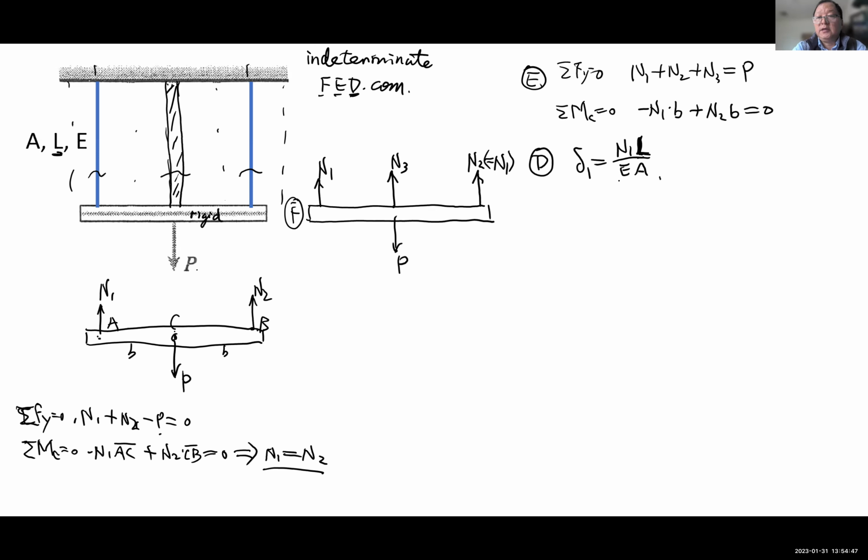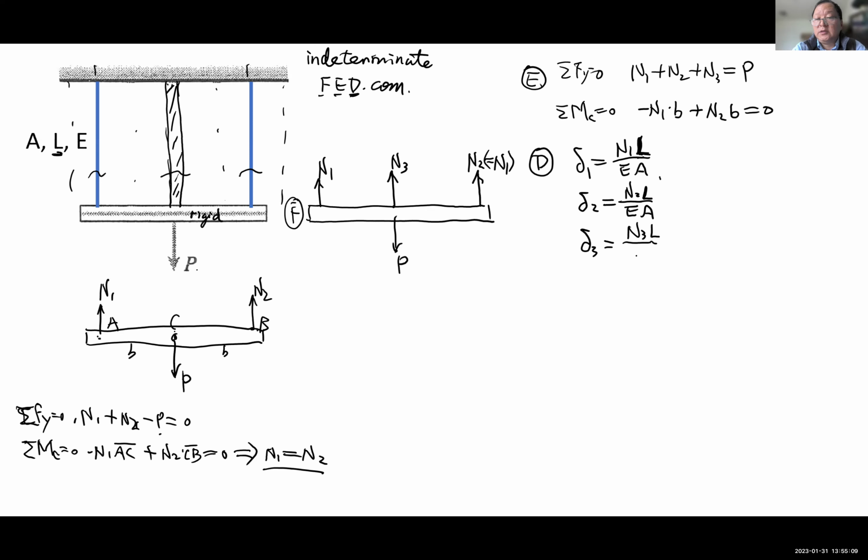And then the delta 2 is N2 L, and then the EA, the same cable. Now I added cable 3, so delta 3 equals N3, the same length.